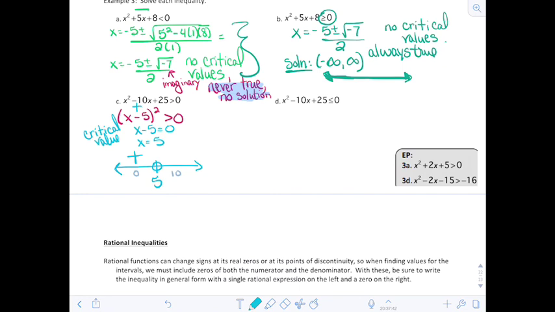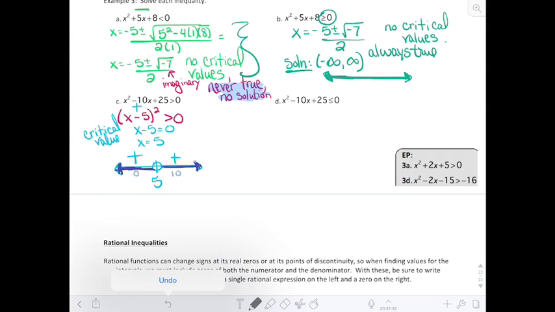And then if I plug in 10, 10 minus 5 is a positive. A positive times a positive is also positive. So what we have is something that has a solution everywhere except 5. Every value is a solution except for 5.